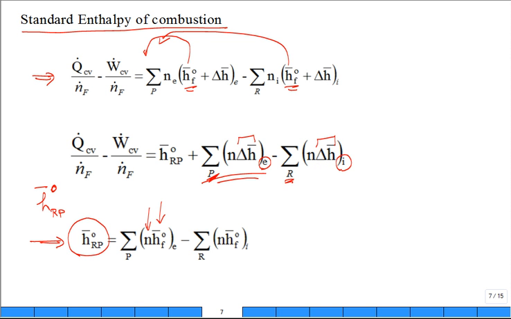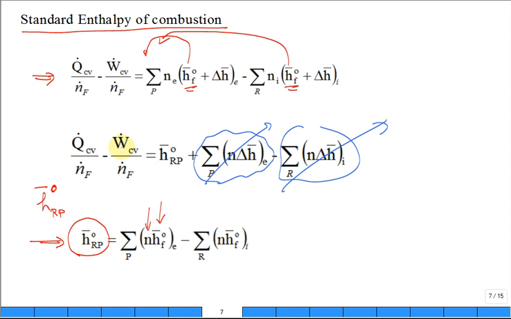All right. Maybe this is a little easier form, because what you could do is you say, well, if all of the reactants come in at standard 25 degrees C, this whole term is 0. And if all of the products go out at standard 25 degrees C, isn't that 0?